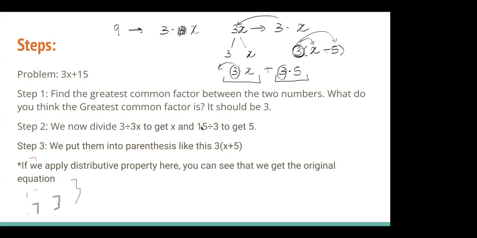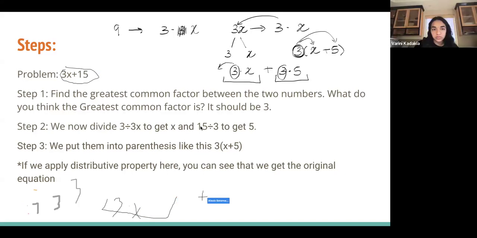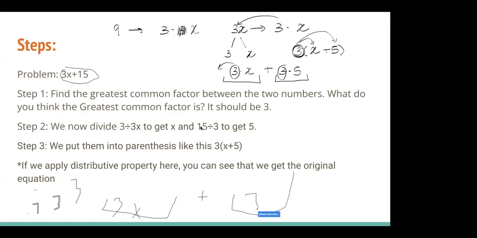Yes, please. Madam, you are trying to say that if you have this equation right here, all we have to do is write in a bracket 3 times x plus 5.